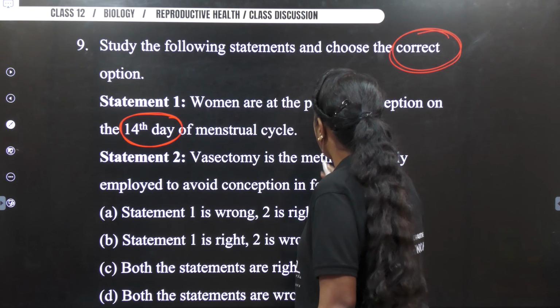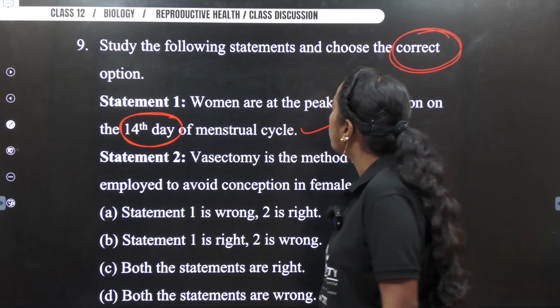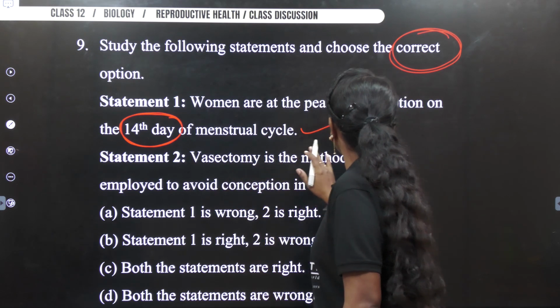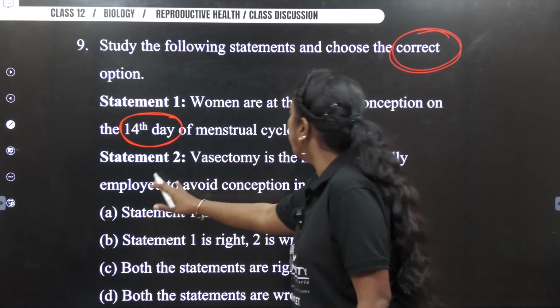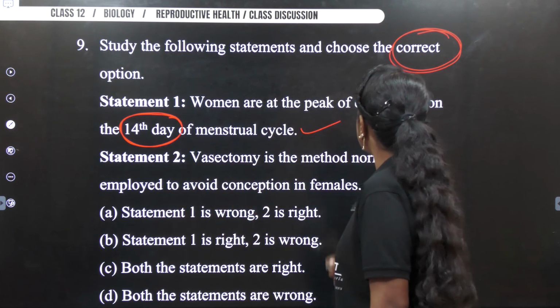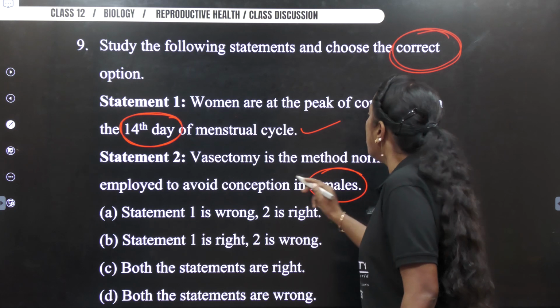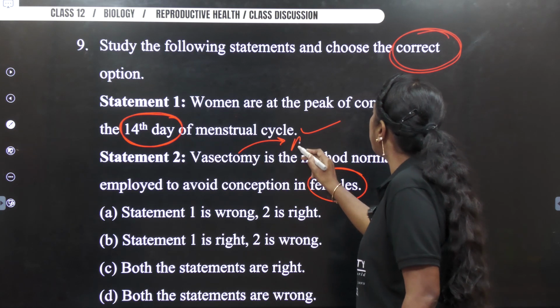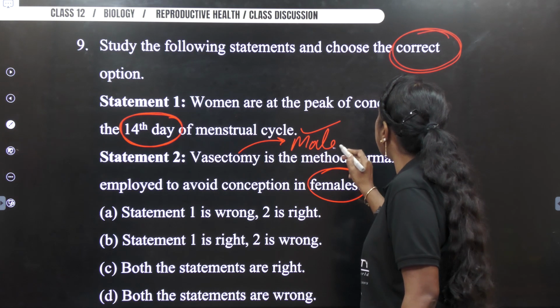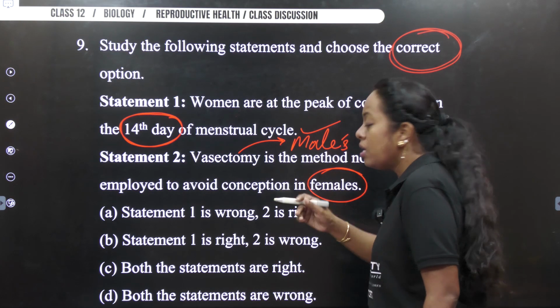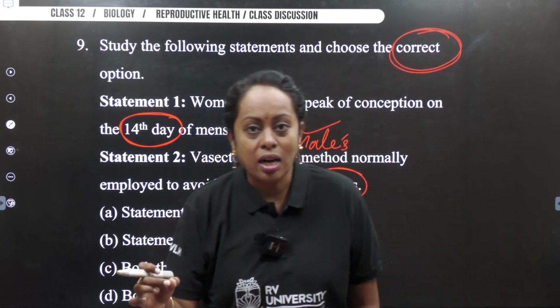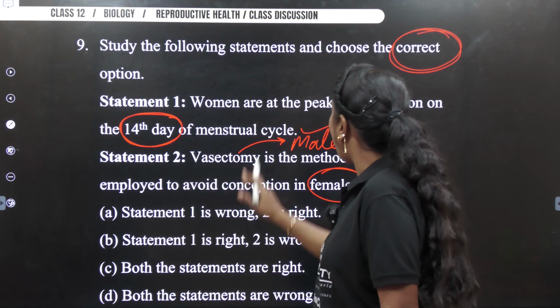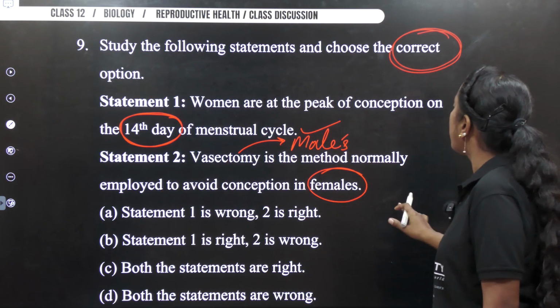So that means statement 1 is said to be true. Vasectomy is a method normally employed to avoid contraception in females. So vasectomy is for what? Sterilization technique in males, where vas deferens is cut and knotted. So the second statement is said to be wrong.